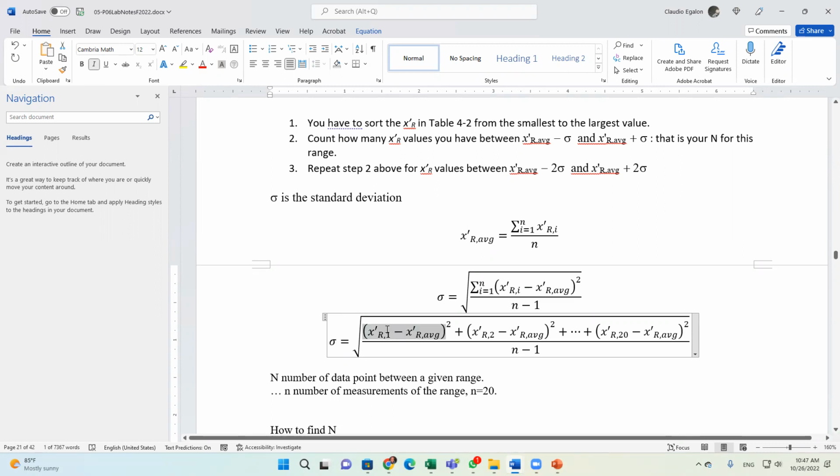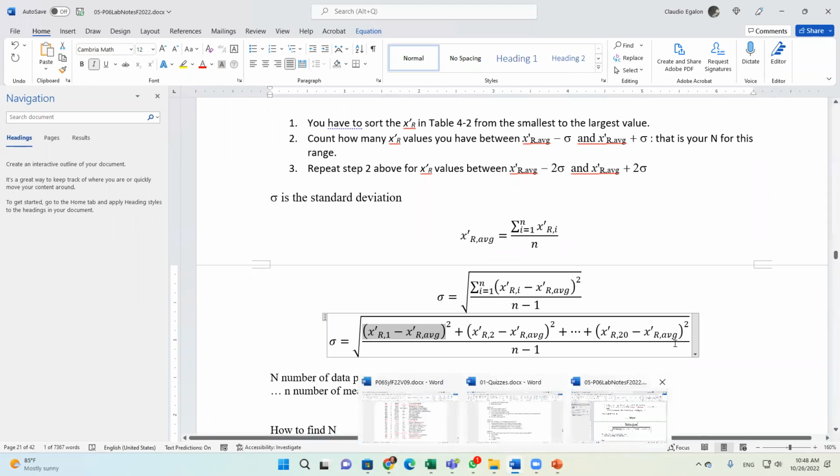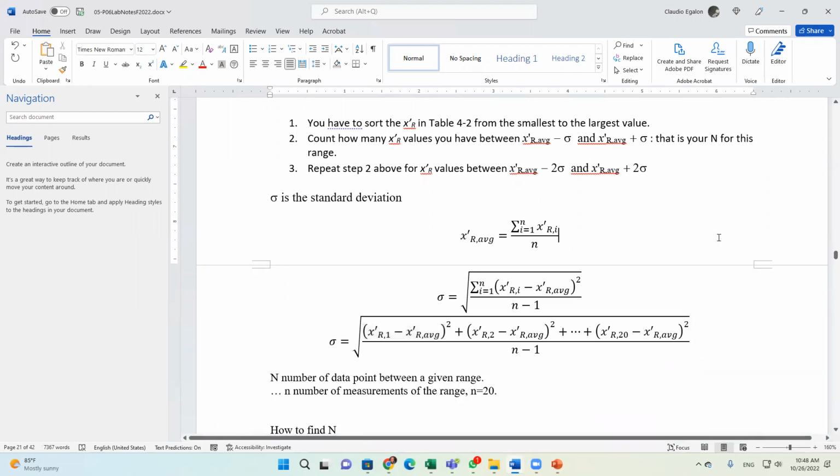So you get meter squared inside the parenthesis, and then you take the square root of the meter squared. Just a hint of how to find out the units of the standard deviation.